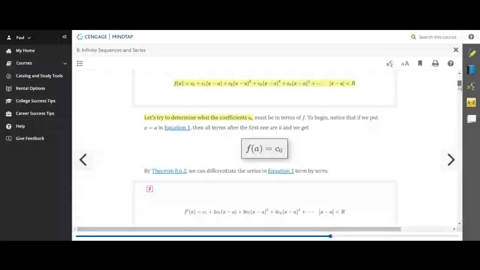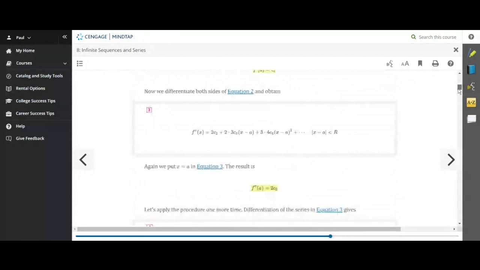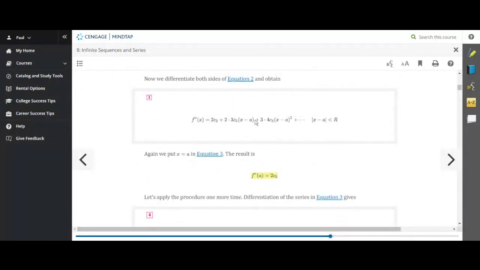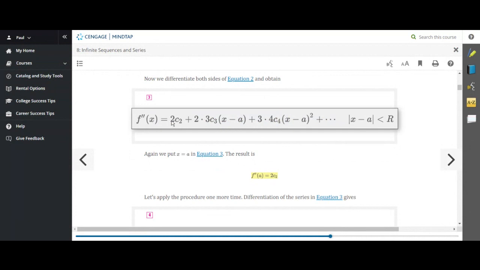If we go down a little bit, they take the second derivative. I'll tell you what, let me go to the whiteboard. This is so important it's worth doing, even though I have to rewrite it. I can write it quickly.